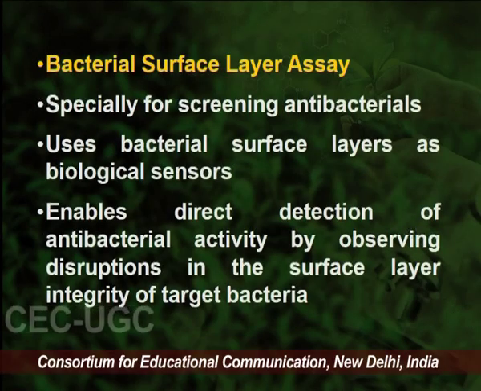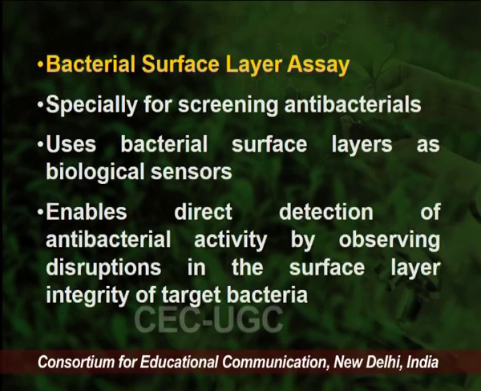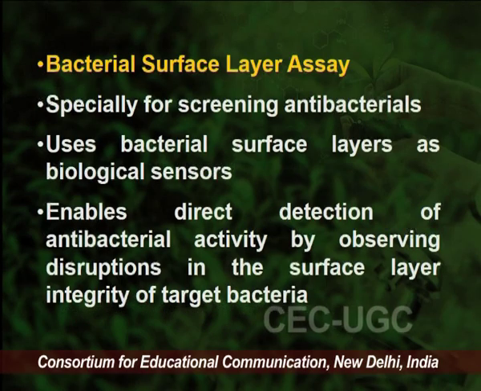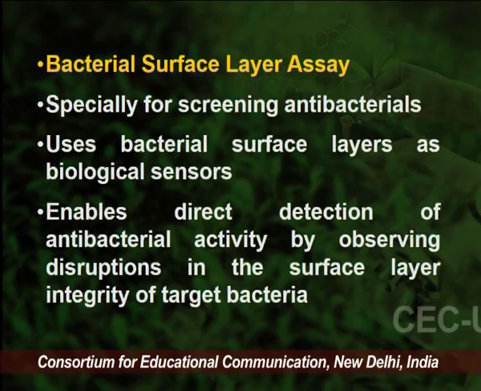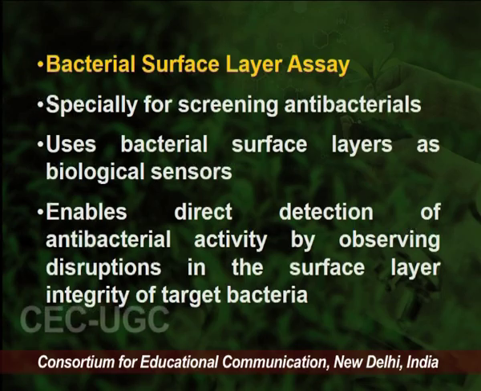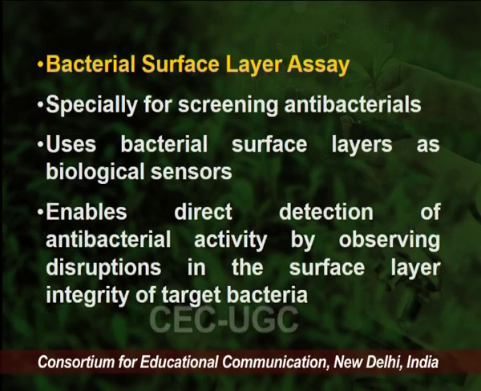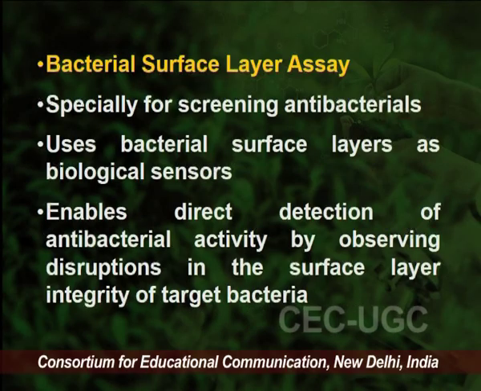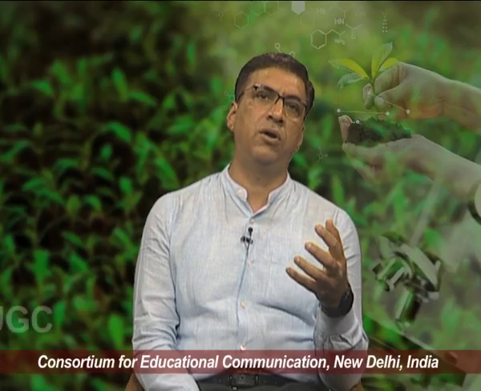The second technique is the bacterial surface layer assay, commonly known as the BSLA method. These are largely used for screening antibacterial agents. What we do is we use the surface layer of the bacteria, commonly known as the S layer, as the biological sensor.